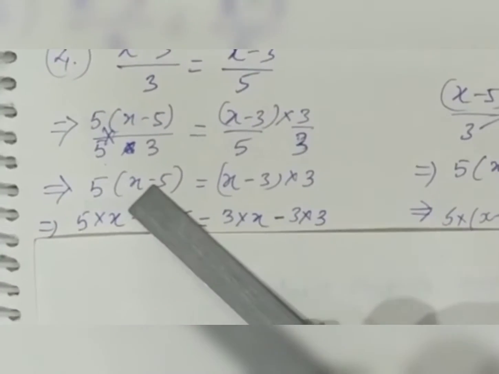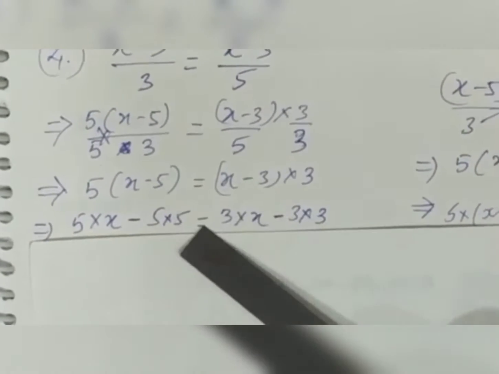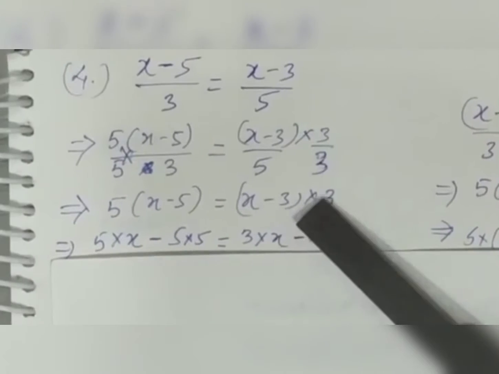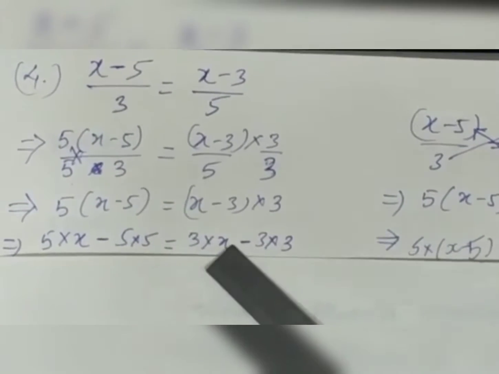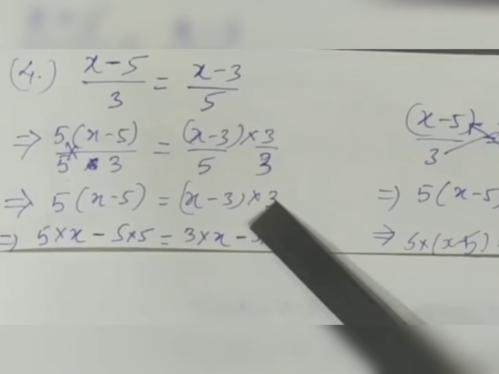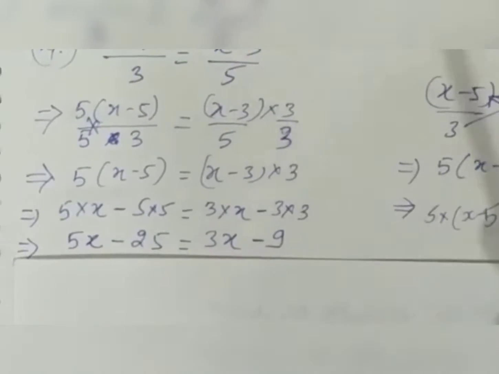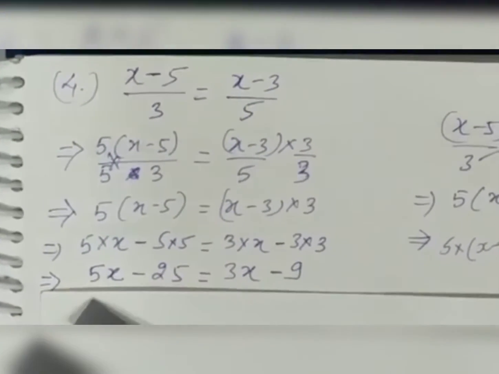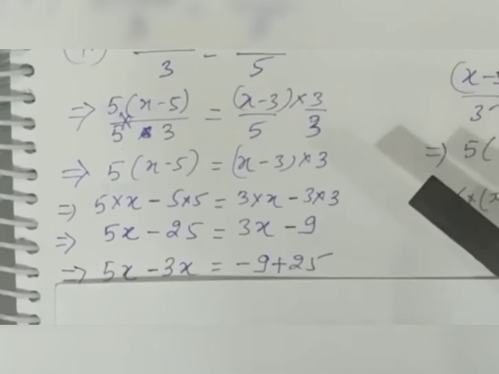Equal to x minus 3 into 3, meaning 3 is multiplied by x, 3 into x, then copy the minus sign, then 3 into 3. Now you can solve this equation. It becomes 5x minus 25 is equal to 3x minus 9.